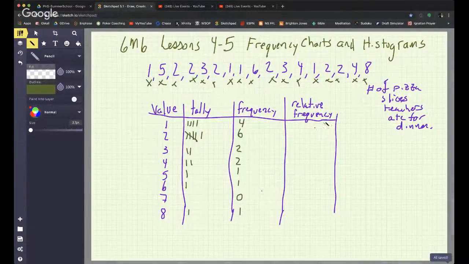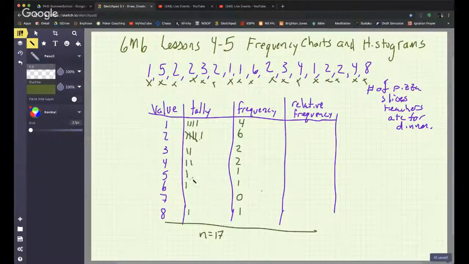Now to find the relative frequency, we take this number, and remember our n equals 17. We can get that by adding our frequencies: 10, 11, 12, 13, 14, 15, 16, 17. So we confirm that our n is indeed 17, the number of data elements. The relative frequency is 4 divided by 17.